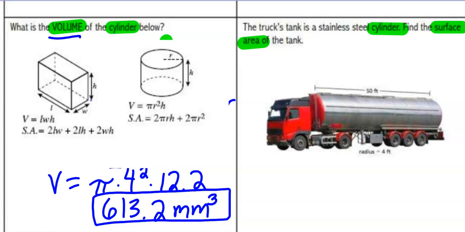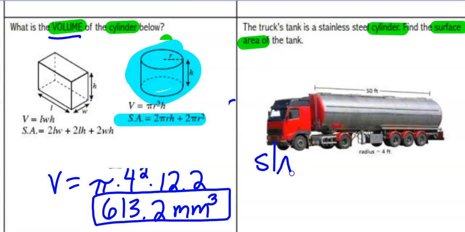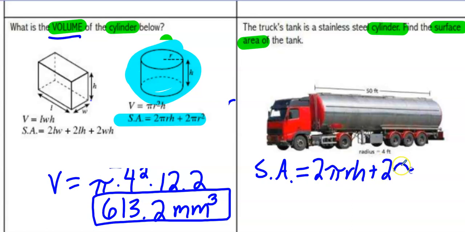So for this one, again, we have our cylinder formula, and we're going to use the SA, which stands for surface area. Surface area is equal to 2 pi RH plus 2 pi r squared.